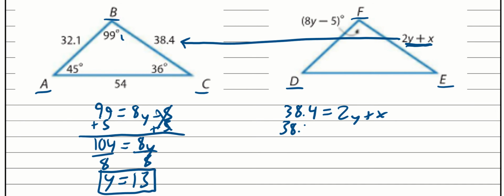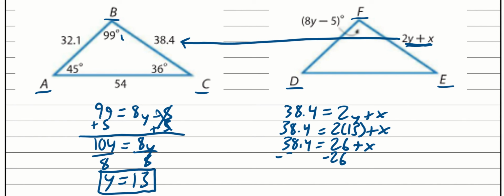So I have 38.4. I'm going to go ahead and plug in 13 for Y. So we have 2 times 13 plus X. Continue here, 38.4 equals 2 times 13, which is 26, plus X. And then my last step here, subtract 26 from both sides.